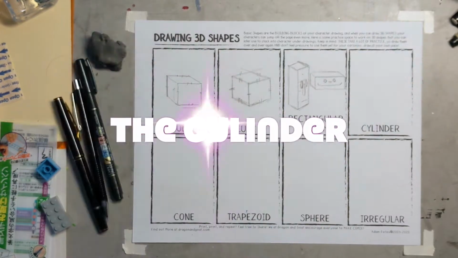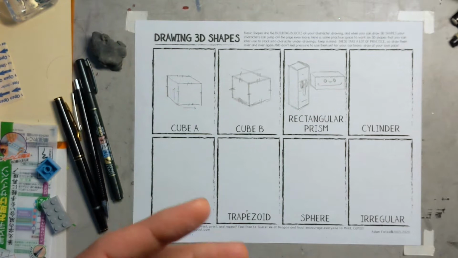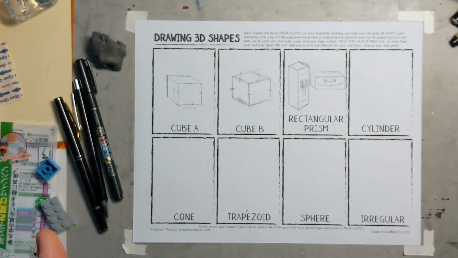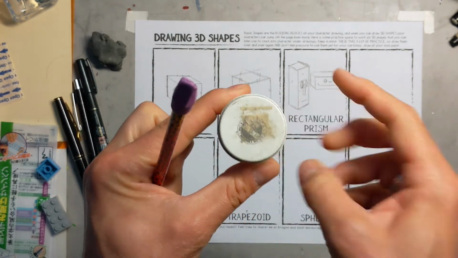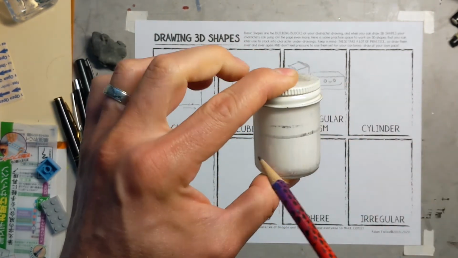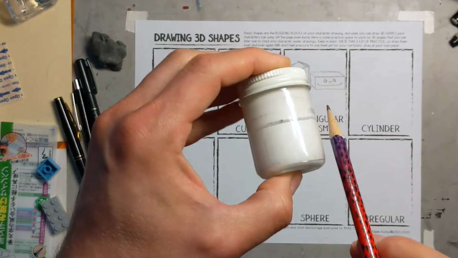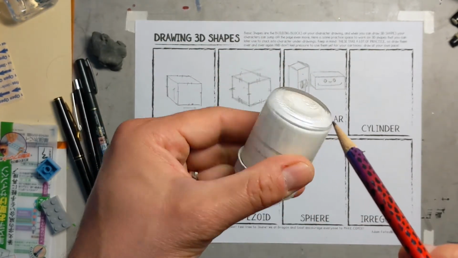The cylinder is a challenging shape, so give yourself a lot of leeway on this one as you're learning to draw it. It could be a bit tricky, but with the cylinder, what we're thinking of is a tube-like shape like this. The top is a circle, and then the side is a flat surface that wraps all the way around to connect to the bottom circle that we've got there.